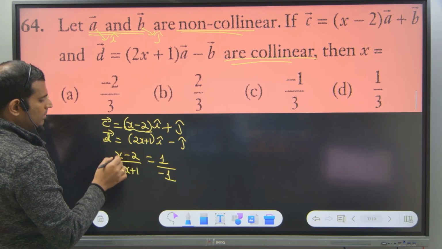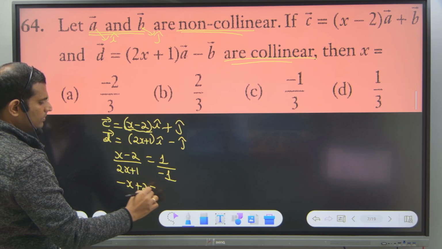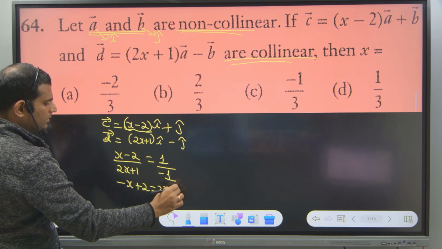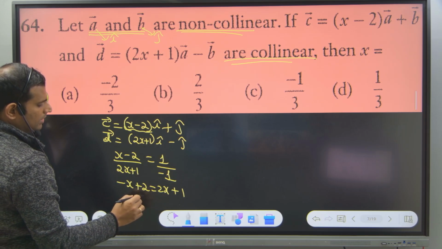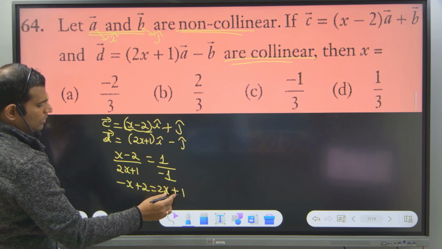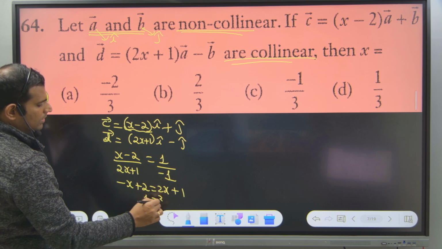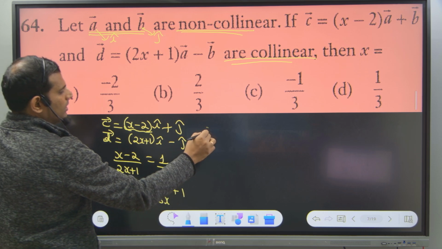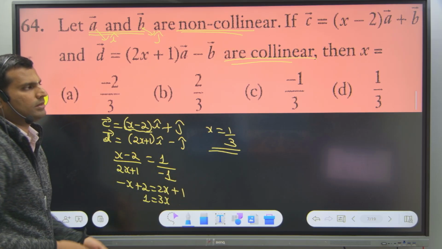So cross multiply, we will get minus x plus 2 is equal to 2x plus 1. So 2 comes to this side, it becomes 1, and minus becomes plus when it goes to the other side. So 3x is 1, so x is how much? 1 by 3.